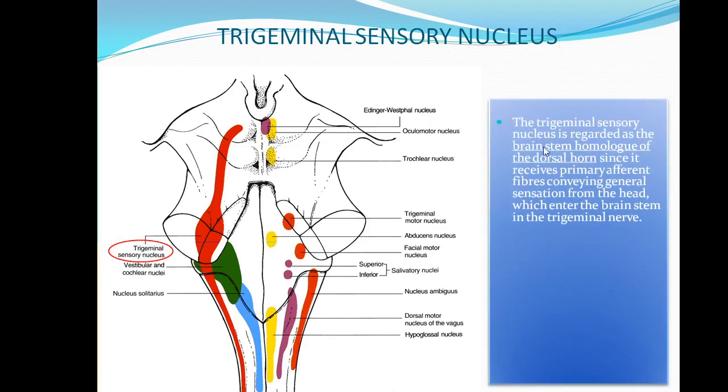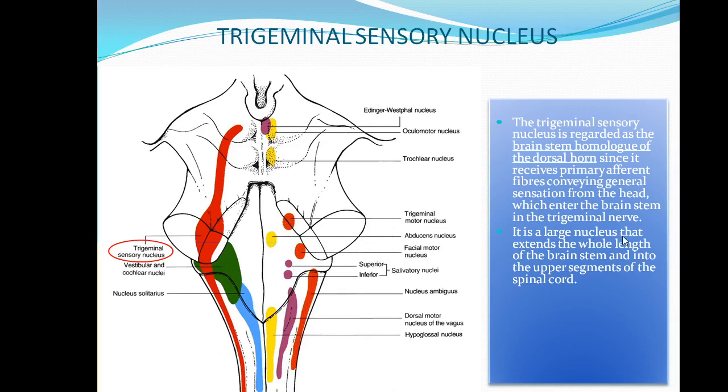The trigeminal sensory nucleus is regarded as the brainstem homologue of the dorsal horn since it receives primary afferent fibers conveying general sensation from the head, which enter the brainstem in the trigeminal nerve.